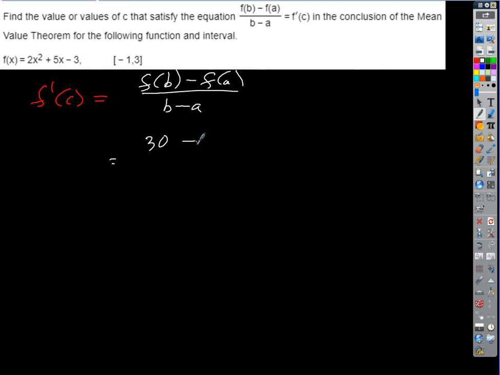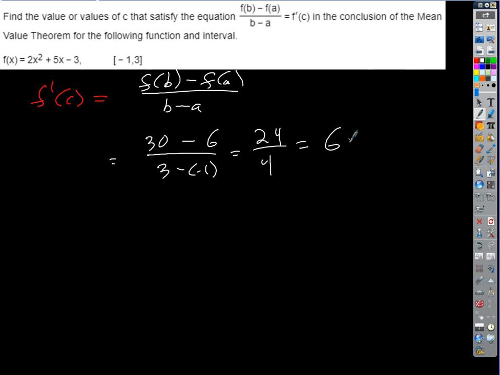Minus 4? Did I do that right? No, minus 6, right? All divided by 3 minus negative 1. So 24 over 4. Did I do that right? You guys can check it. Is that right? Looks good? So the slope of the secant line is 6.